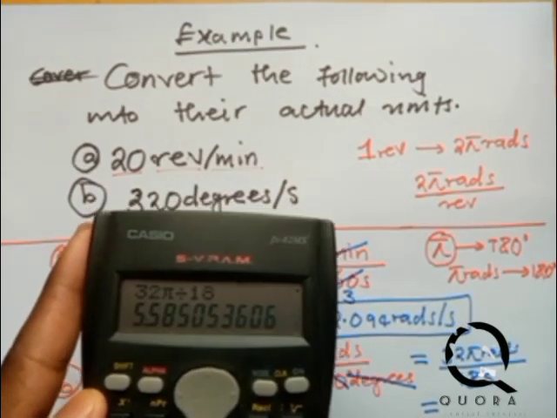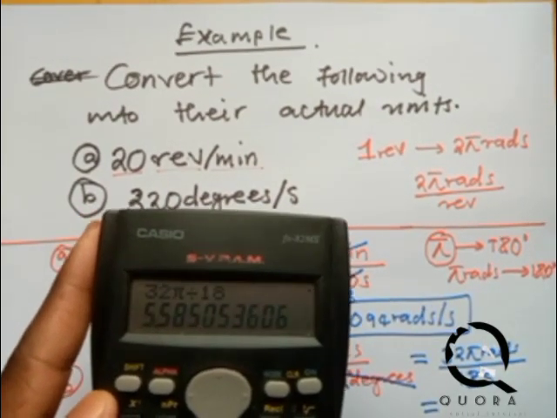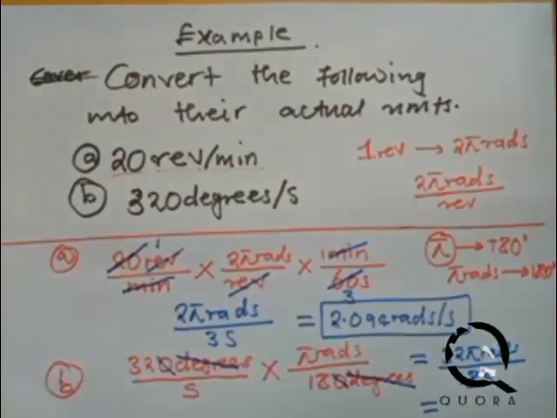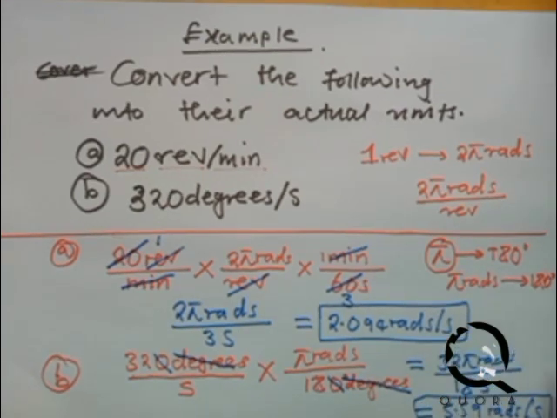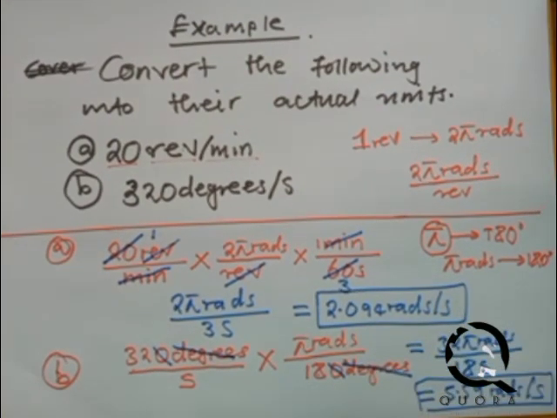We are getting an answer of 5.59 rads per second. So these are the standard units for the velocity at this moment of time. That's how we do convert these things.